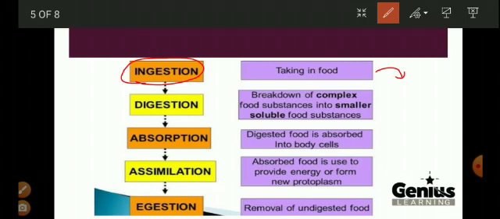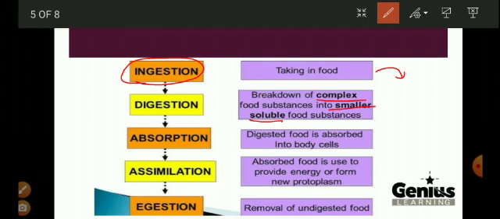This is the conversion of complex food substances into smaller soluble substances that can be mixed into water or any liquid.